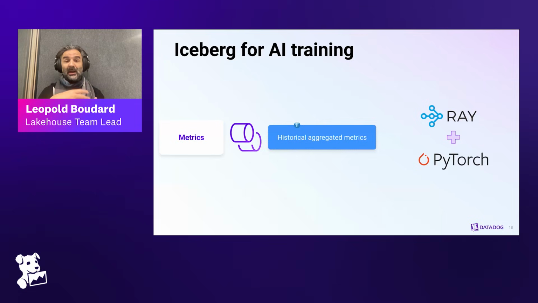And also Iceberg integrates well with our ML tooling. So in the case of Toto, it's Ray and PyTorch that is being leveraged for ML training. Iceberg also provides schema governance and consistency, which is generally a requirement in the context of ML training.